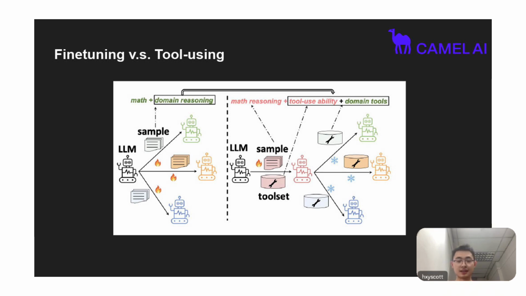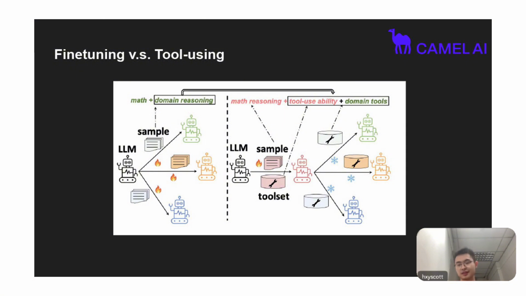And if that's the case, then we don't need to do a lot of fine tuning anymore. We just need to learn how to use specific tools in specific ways. So it's about retrieval, not about fine tuning. And we think this is a very promising path to modern reasoning, especially not just math reasoning, but math plus some domain knowledge.